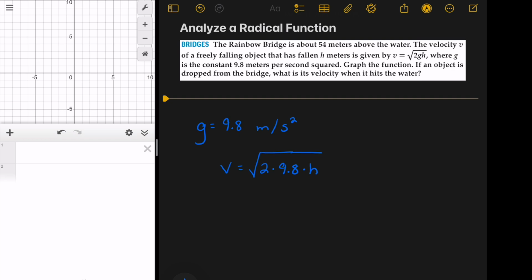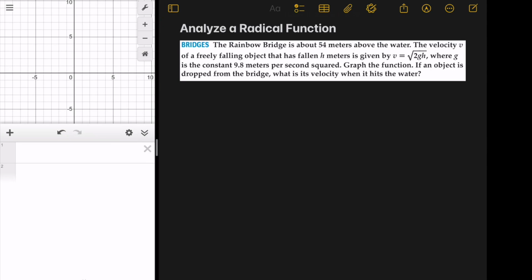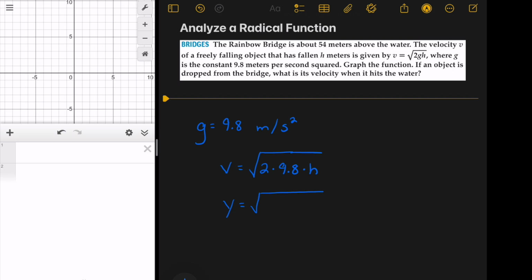Because graphing calculators typically use y and x, whenever I put this into the grapher, instead of using v and h, I'm going to use y and x. So I'm going to use y equals the square root of 2 multiplied by 9.8, which is going to give me 19.6, and then instead of h, I'm going to use x.